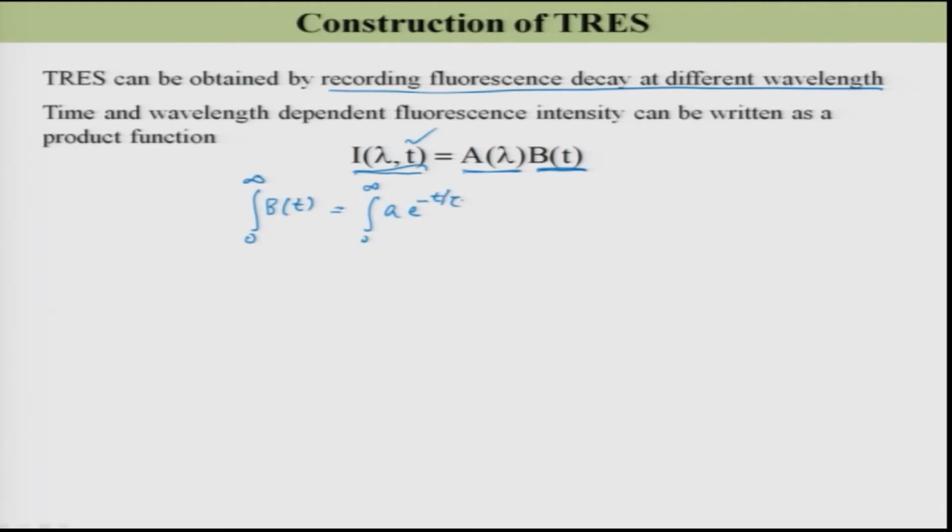It may be 1, it may be 100, it may be 1000 depending on the initial fluorescence intensity. So, it is A and e to the power minus t by tau, where t is my variable, this time, and tau is the lifetime of that species, and dt. If I do this integration, what I am going to get is A times minus tau e to the power minus t by tau, with limits 0 and infinity, which will give me A tau.